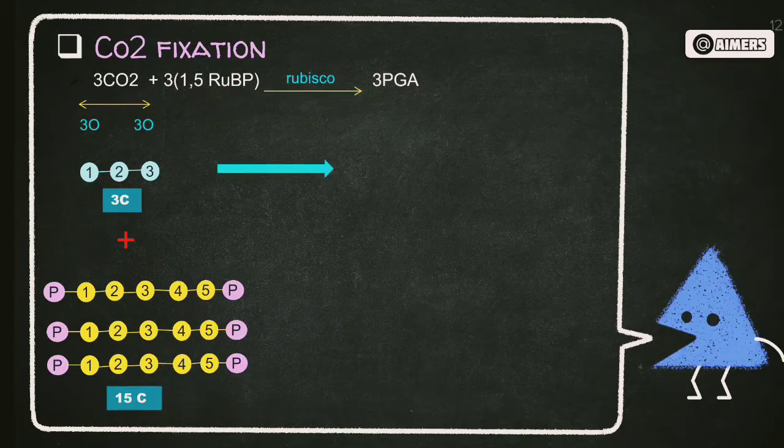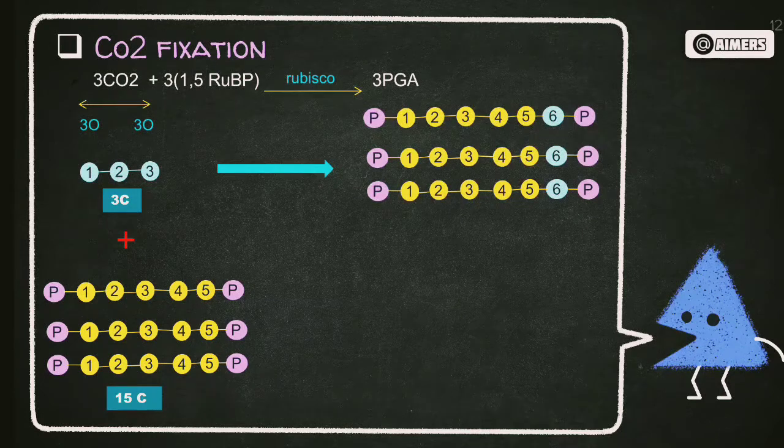Now what happens over here is that carbon adds to ribulose bisphosphate. This is the whole structure of ribulose bisphosphate. Only the carbon number 6 over here, you can see 1 carbon from here, 2nd carbon from here, and 3rd carbon from here, adds to the molecule of ribulose bisphosphate to make a 6 carbon compound.